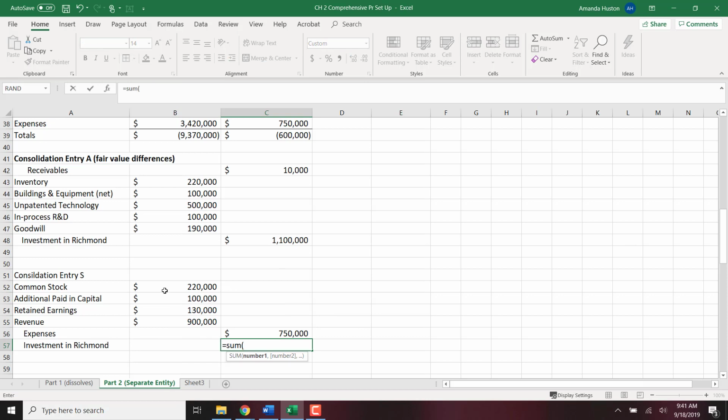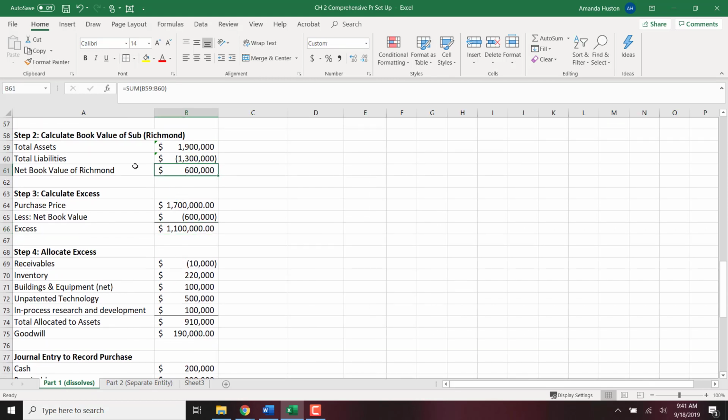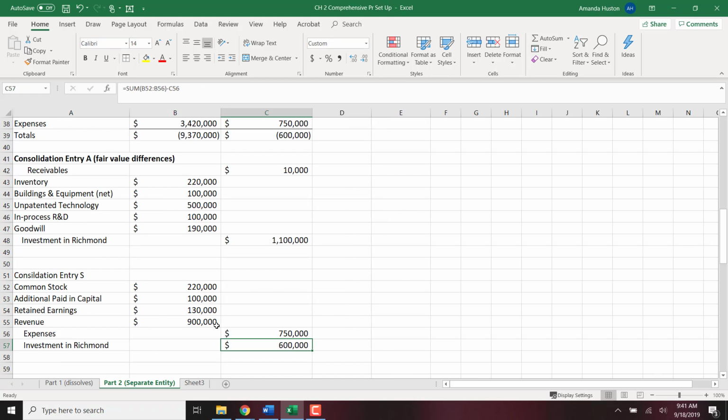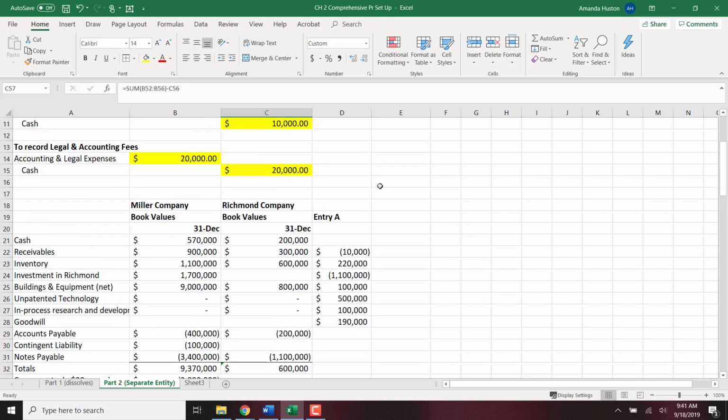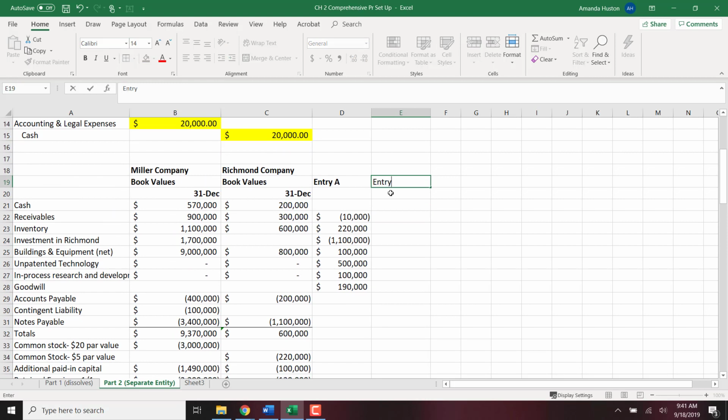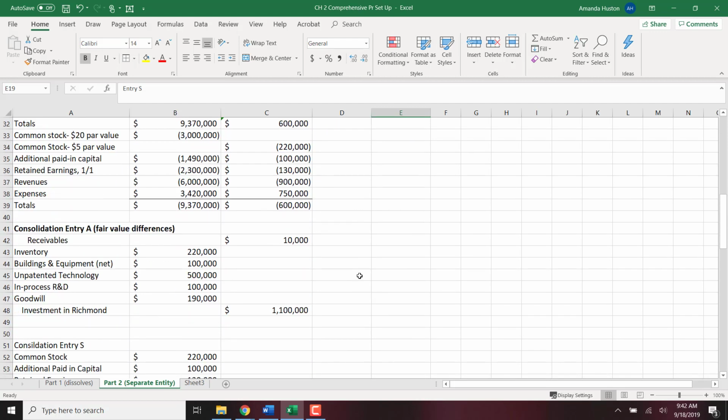And it should equal all of these minus this. And this number should tie to book value that you calculated in problem 1. If it doesn't, we did it wrong. And now we're going to put this into entry S.